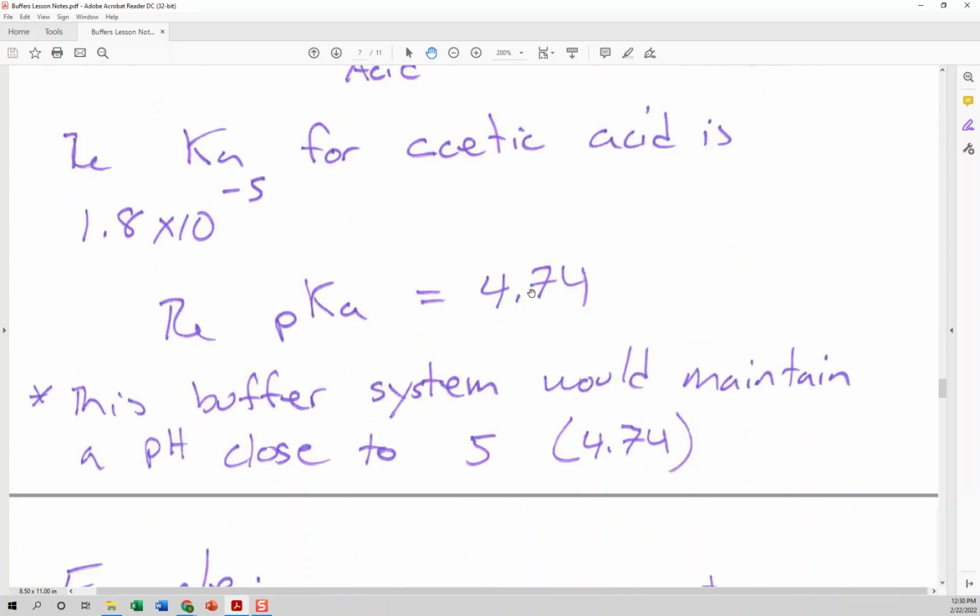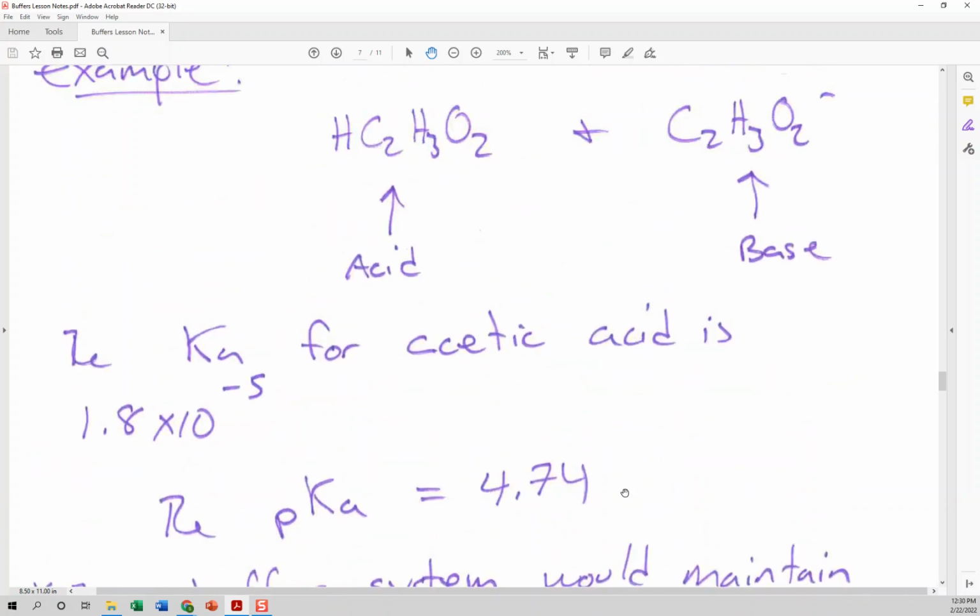So let's say I wanted to make a solution that maintains a pH around 5, then I might use this buffer solution because I know the pH is going to be close to 4.74. And you could actually figure out exactly what concentrations of each component you need to dial up a certain pH. Okay, we know it's going to be close to this pH because that's the pKa of the acid component of the buffer, but you could adjust what the pH is actually equal to by adjusting the concentrations of each of these, all right?